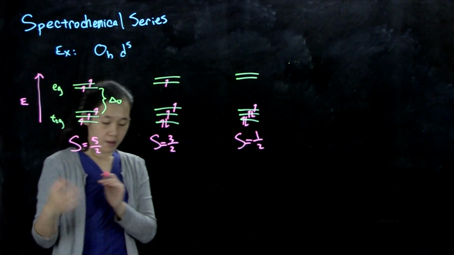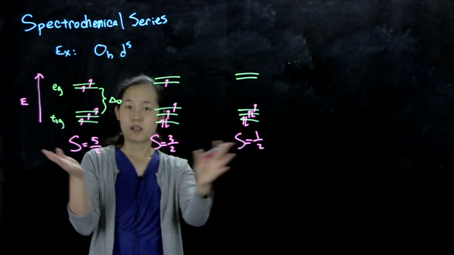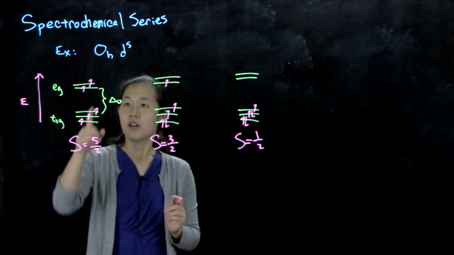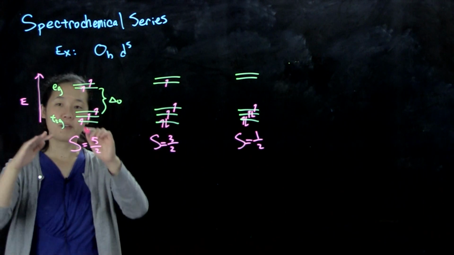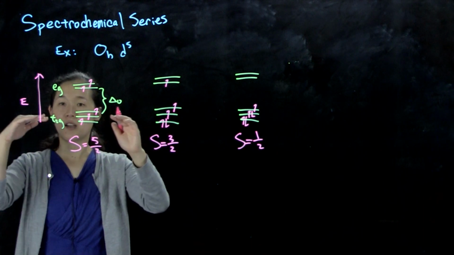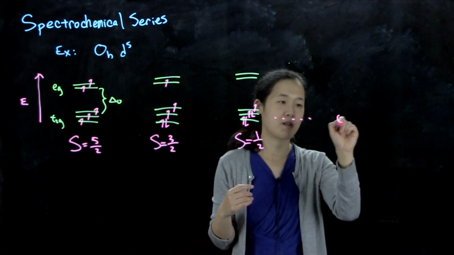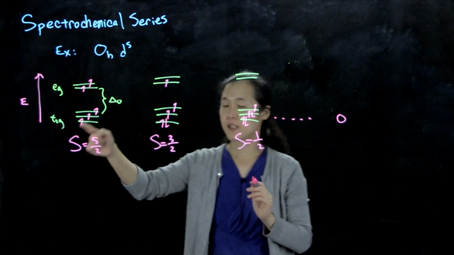So the reason these might happen in different situations is, again, due to the nature of our orbitals. So this energy, when we start filling electrons, let's say this is 0 energy. We're going to just arbitrarily call our t2g energy 0. So it's 0 energy to start filling these 3 electrons.